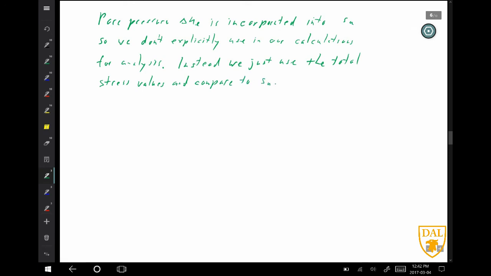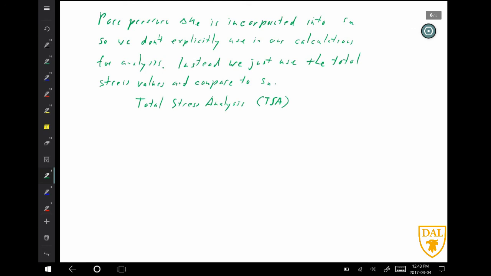And we call this a total stress analysis. So that's how undrained behavior works and how we make use of it in practice.